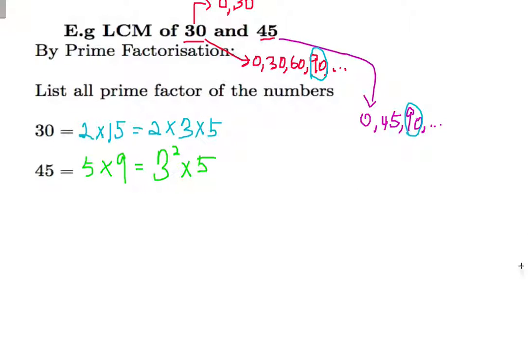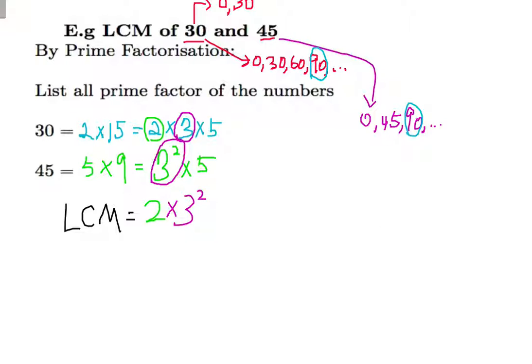How do we find the lowest common multiple here? We multiply each factor the greatest number of times it occurred. 2 only occurred once in 30 and none in 45, so we pick 2. 3 occurred once in 30 and twice in 45, so we pick the greatest, which is 3 square.